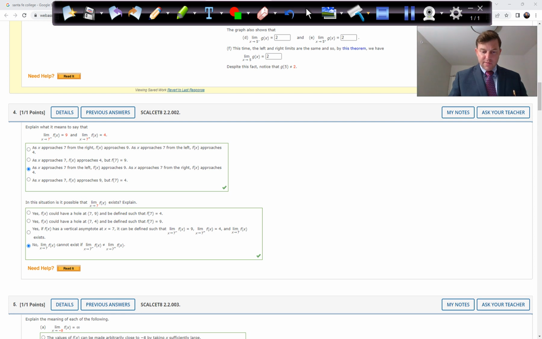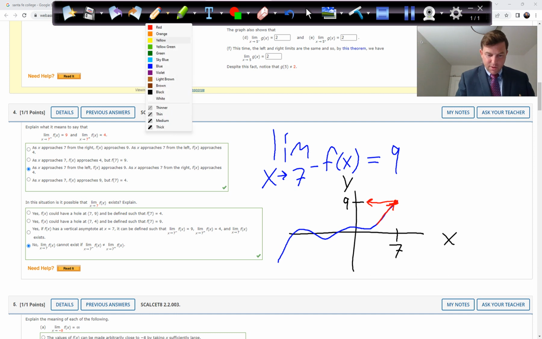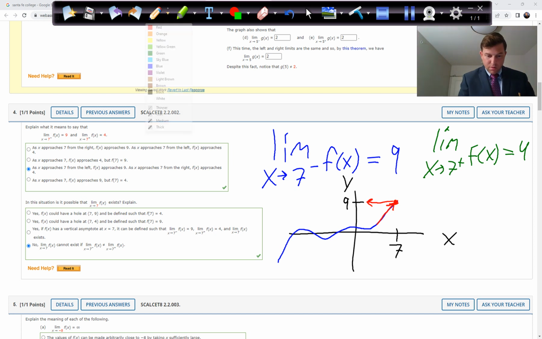And then the other one they have is the limit as x approaches 7 from the left, f of x equals 4. Oops, sorry, no, right side. Let me get that back up here. Then they have written the limit as x approaches 7 from the right of that function equals 4.